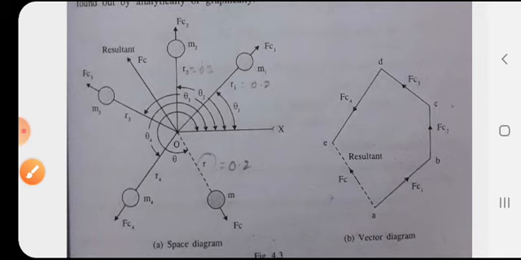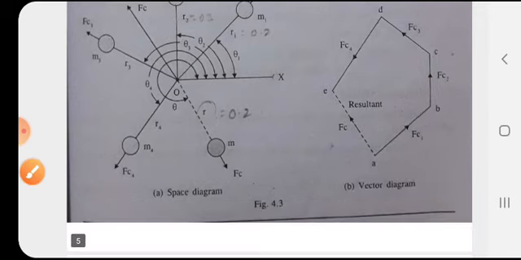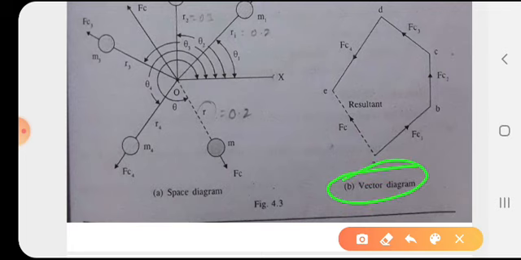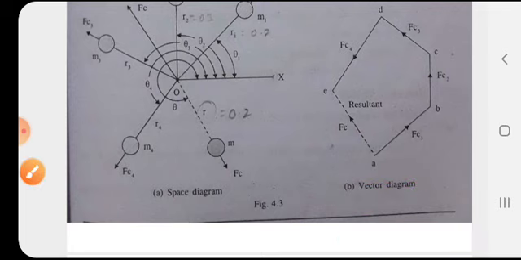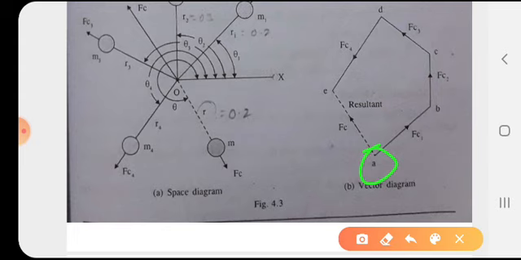Now draw the vector diagram using the calculated centrifugal forces. In the vector diagram, this is point A and this is point B. AB represents the centrifugal force exerted by the mass m1, or m1 r1, in magnitude and direction to some suitable scale.